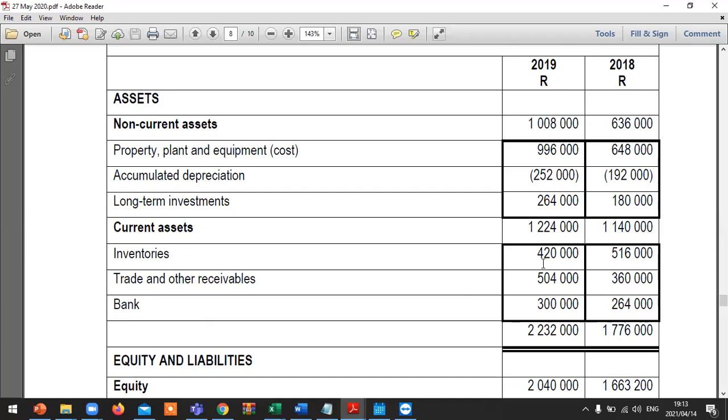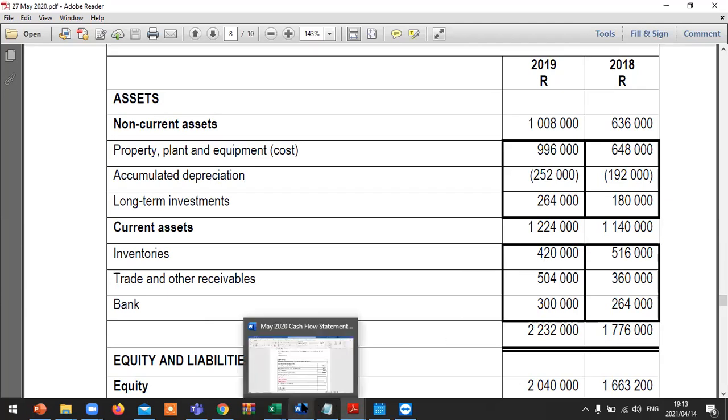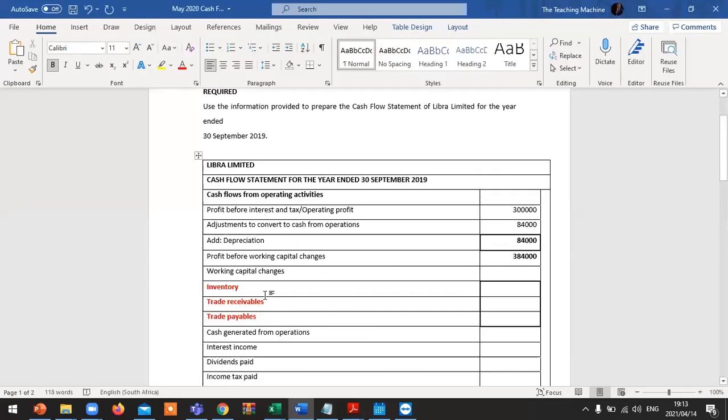Now, when we do the cash flow statement, how are we going to show this? We need to show it as an inflow of cash. Why? Because if you exchange your inventory for cash, your cash will increase. So we're going to say 516 minus 420, and then the answer will be shown as positive.